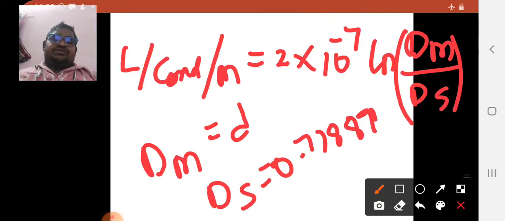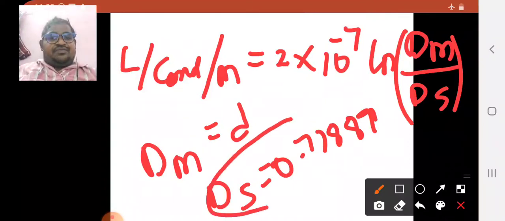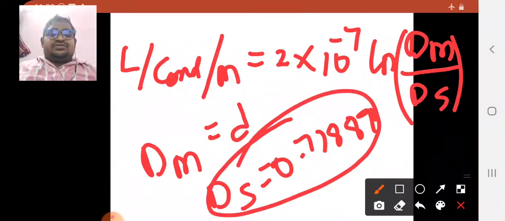This is about inductance per conductor per meter, and here we concentrate on self GMD.